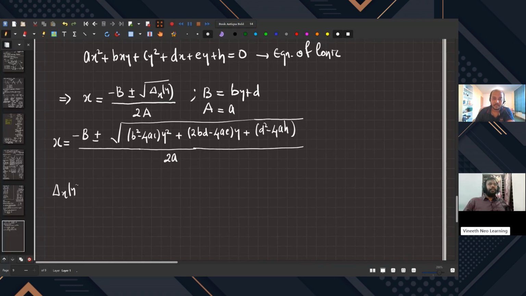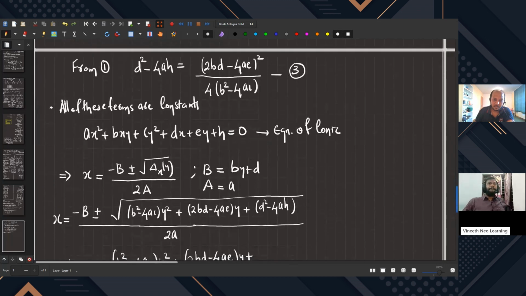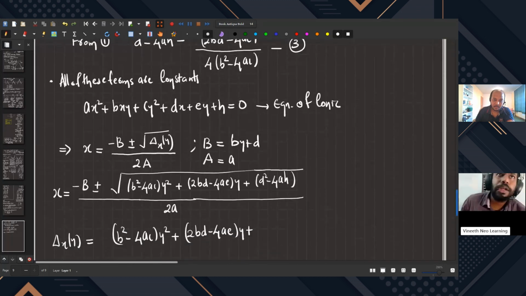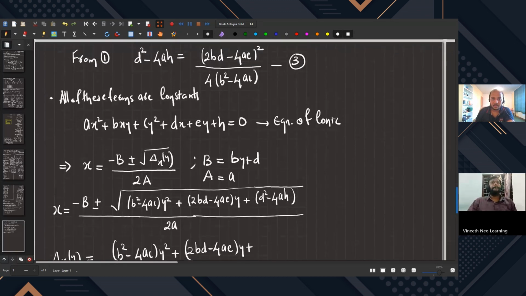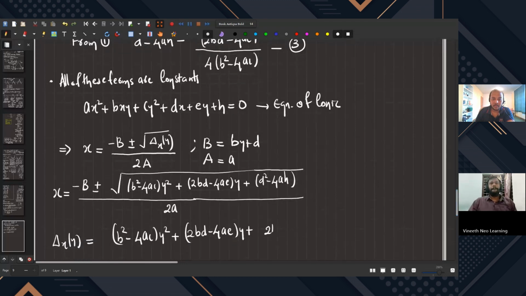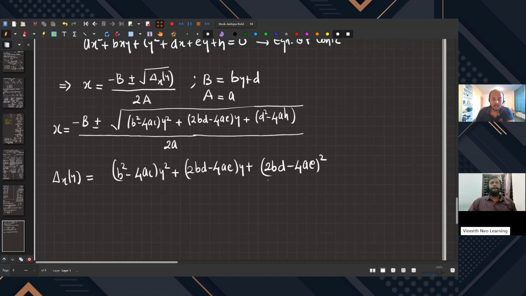Delta x of y becomes b squared minus 4ac times y squared plus 2bd minus 4ae times y plus the value of d squared minus 4ah, which is (2bd minus 4ae) whole squared divided by 4 times (b squared minus 4ac).